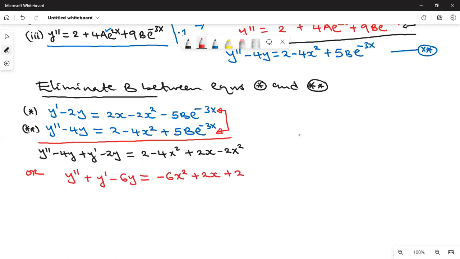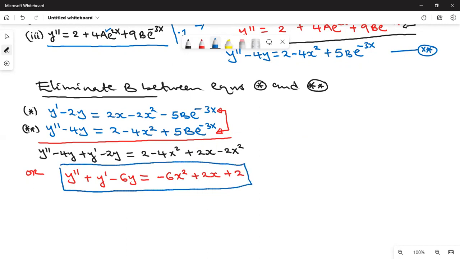That is the ODE. You see now our equation does not have the essential arbitrary constant. So we have managed to eliminate those essential arbitrary constants. So this is the required ODE.